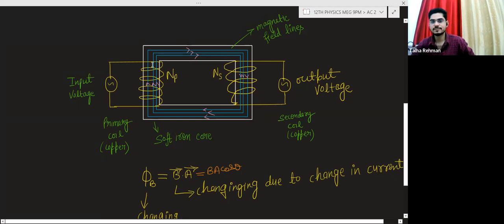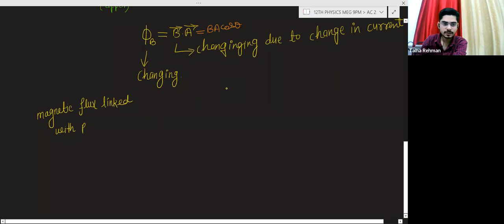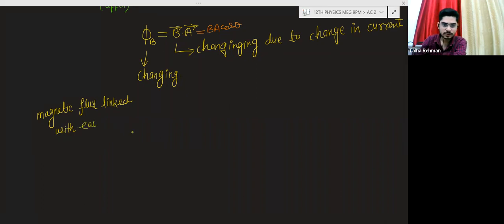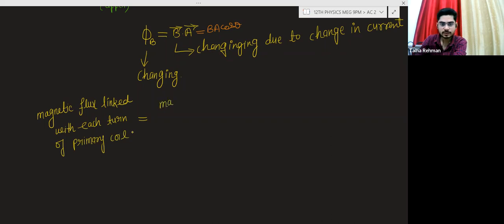So we can say the magnetic flux linked with each turn of the primary coil is equal to the magnetic flux linked with each turn of the secondary coil.